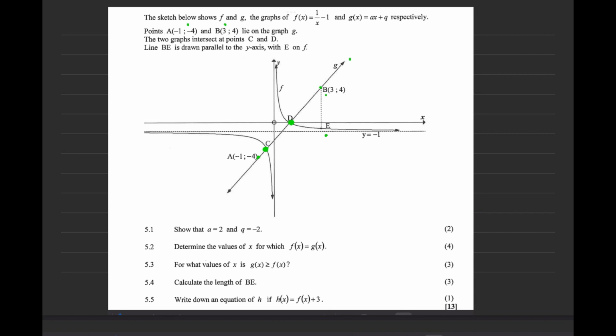So basically it means that the gradient of BE and the gradient of the y-axis are exactly the same. I want you guys to go and find out what the gradient of a vertical line is. All right? Okay, cool. So now that you have read the info that you have been given and you have connected the dots, it's time to solve the question.